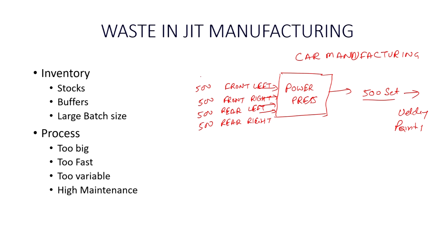Now, why are we producing in such large batch sizes? Because at our power press, the changeover time may be 4 hours or 8 hours. So, if I am making a changeover of 4 hours, I want to run this machine for at least 6, 8, 10 hours continuously. So, why is this changeover time 4 hours?